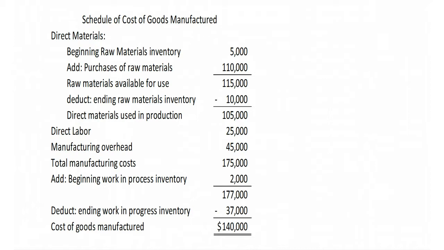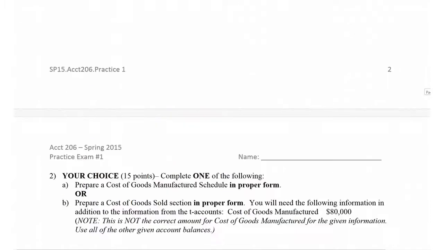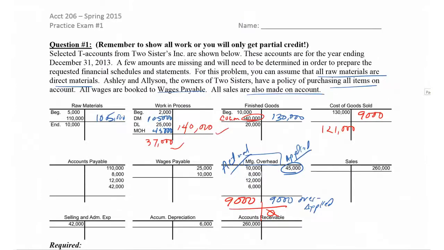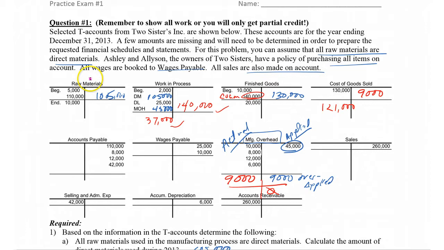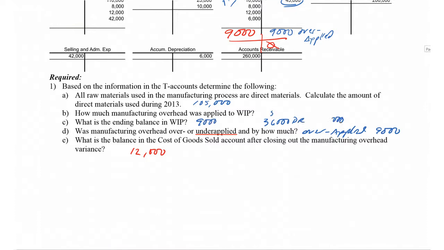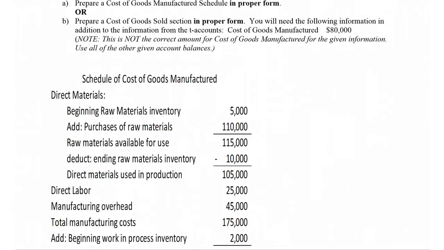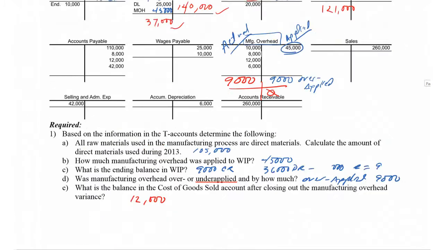So we start with our direct materials. We add our beginning raw materials, which are 5,000. If we scroll up to our T account, you can see our beginning raw materials is 5,000. We add to that our purchases of raw materials.